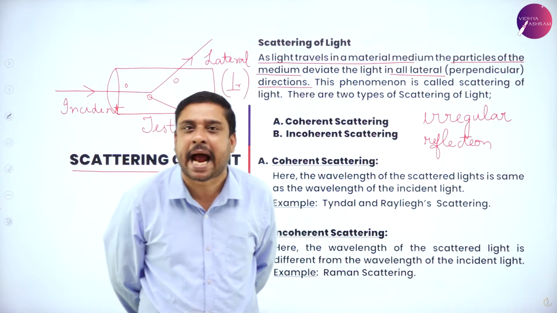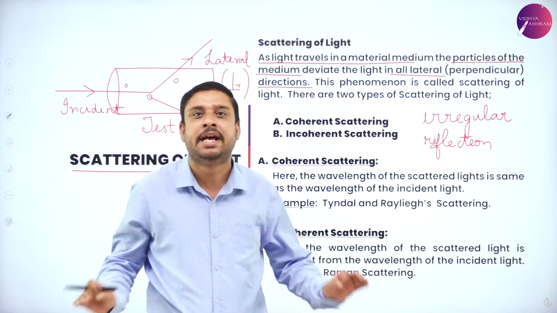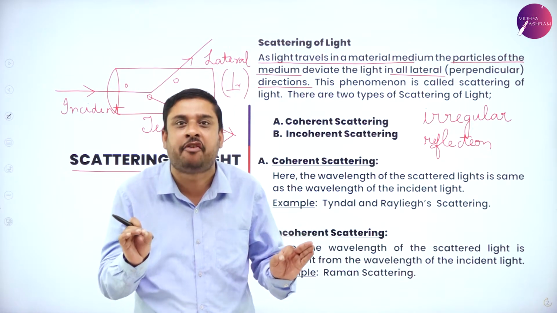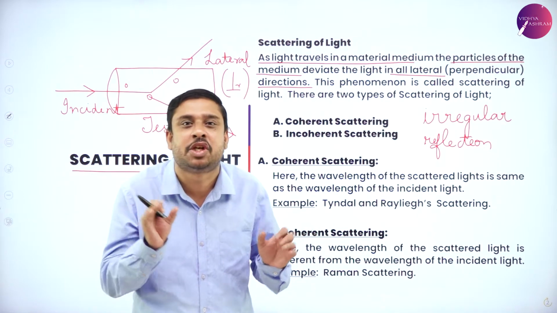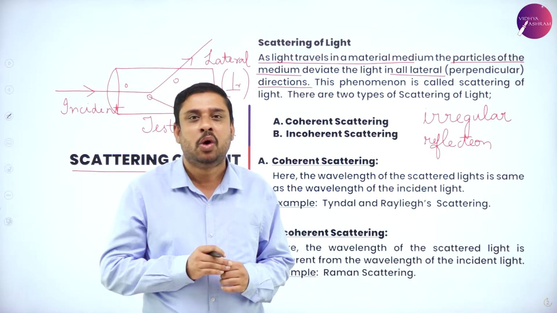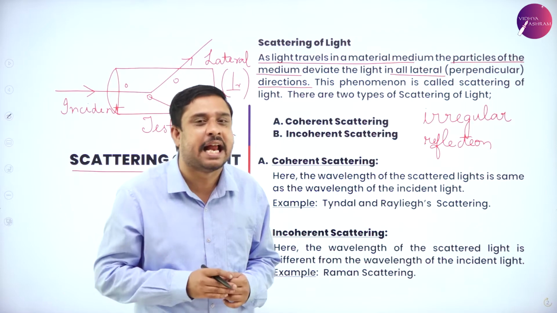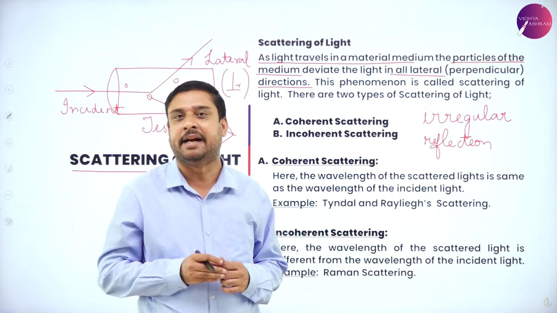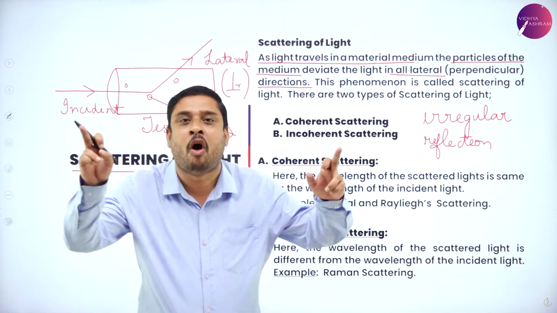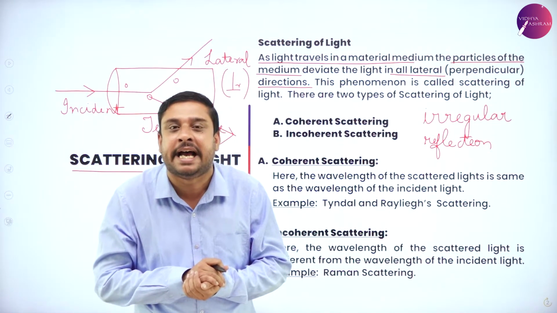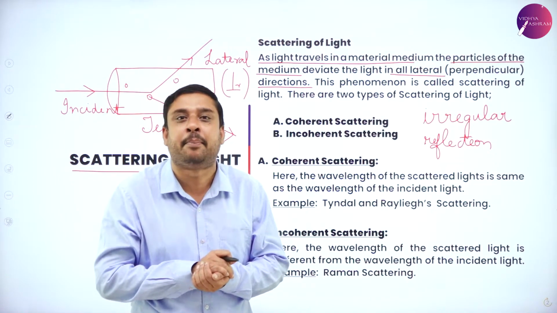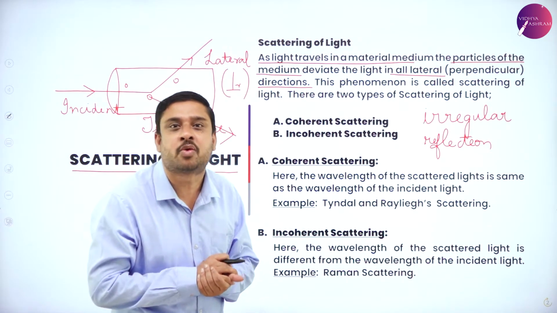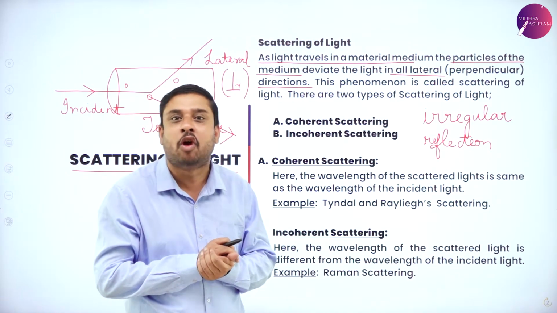So, what is scattering, my dear students? It is the phenomenon of deviation of light. Who is deviating light? The particles of the material medium in all lateral directions, perpendicular directions, and that is what we call scattering of light.